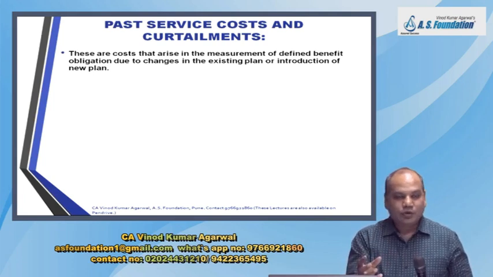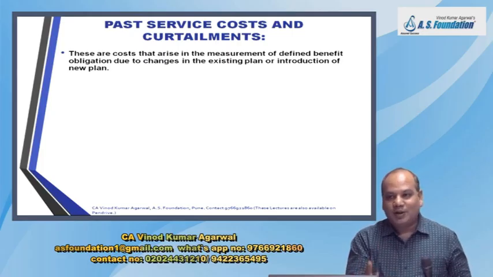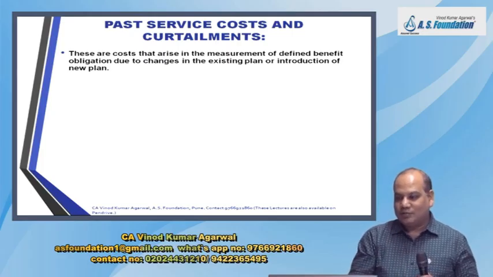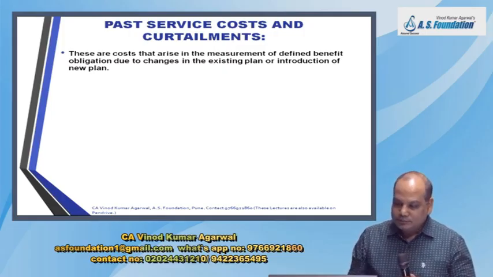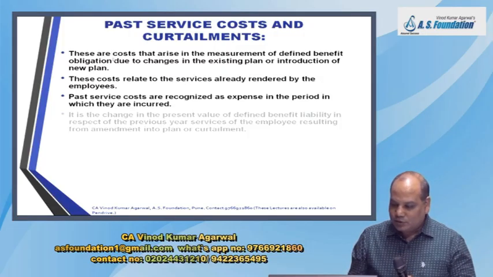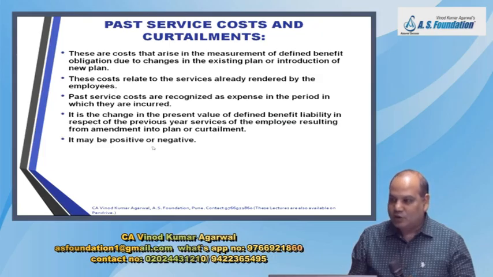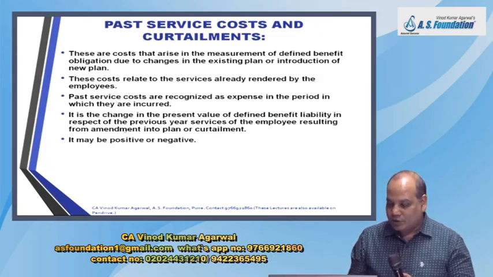It can also be that the gratuity will be 20% of last drawn salary, in which case my liability will decrease. That is why in your notes I have written it may be positive or negative. It may be a cost, but in a rare case it may be a gain for the enterprise if the past service cost reduces my obligation.